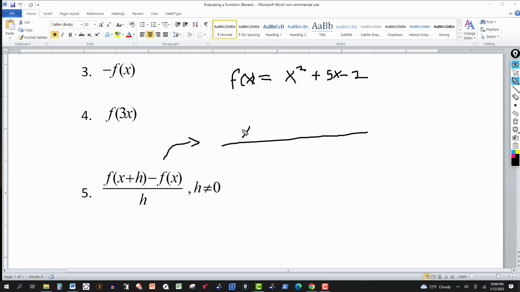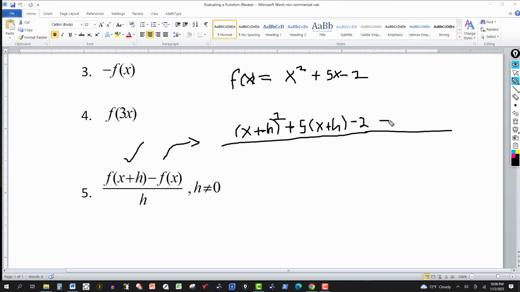So this is going to be x squared. So where the x is, put the x plus h quantity squared, then it's plus 5 times x, so where the x is, put x plus h. Then we have the minus 2. That takes care of this first part here.